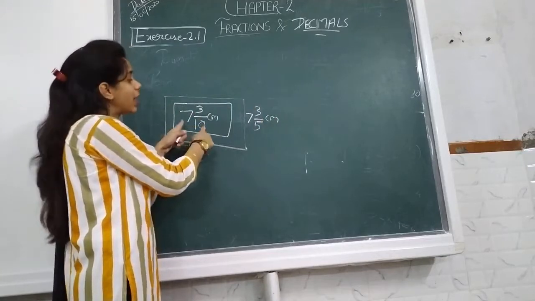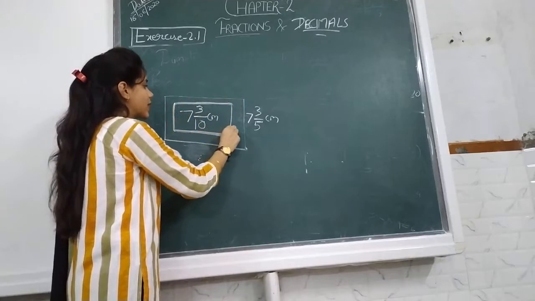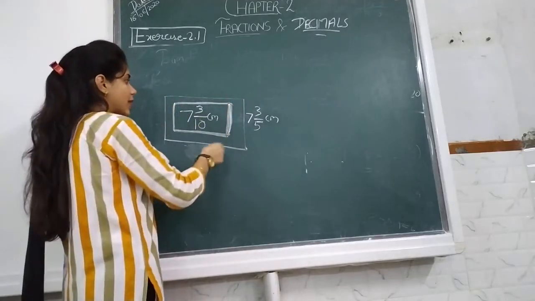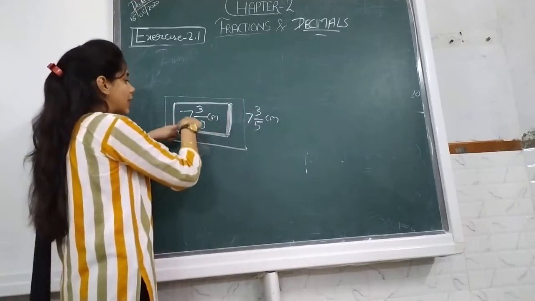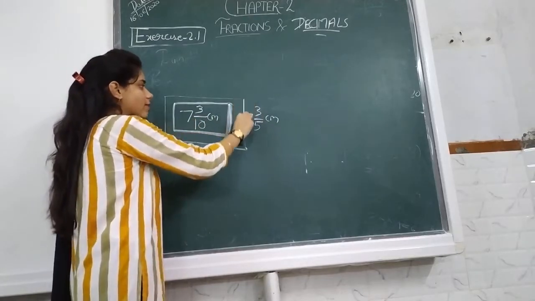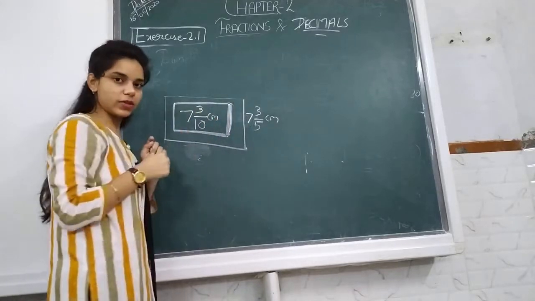Getting my point? This frame is 7 3/10 centimeter wide. So they are saying that to put this picture into this, it can't exceed this. Width of the picture cannot be more than this width.